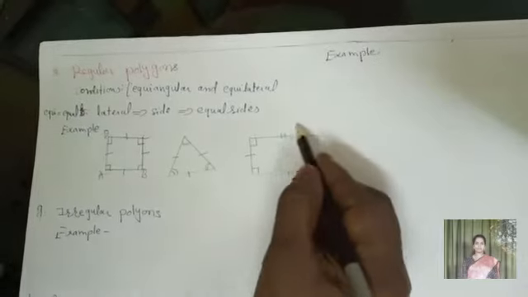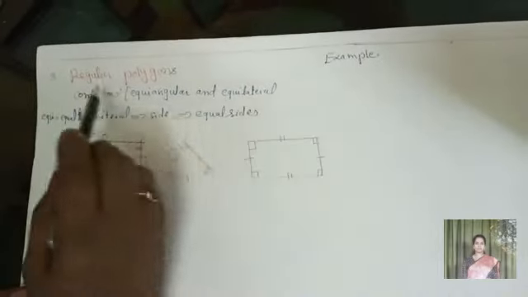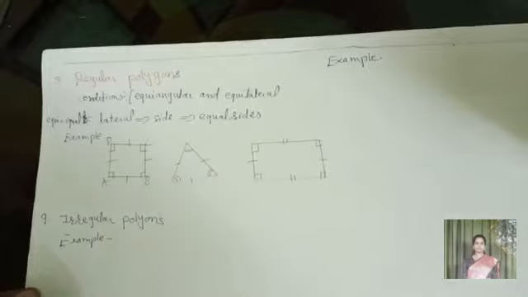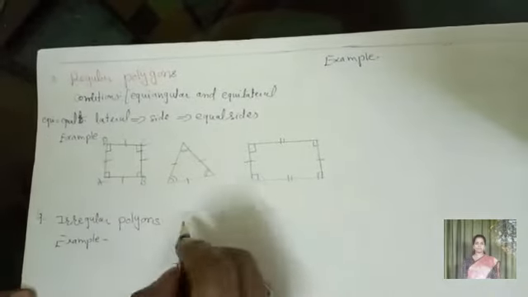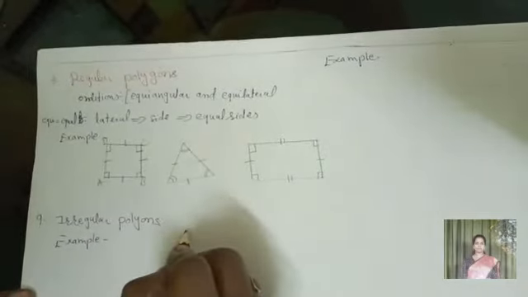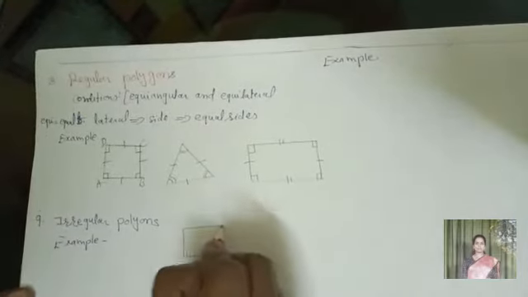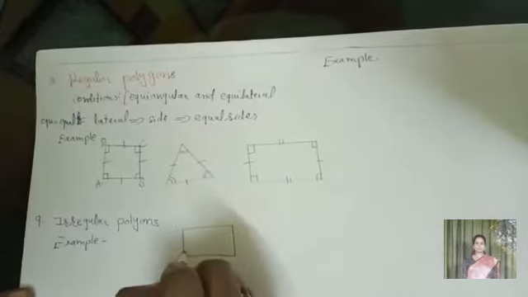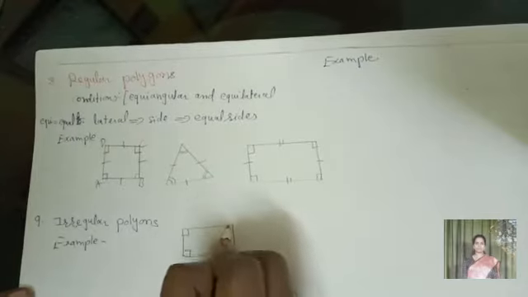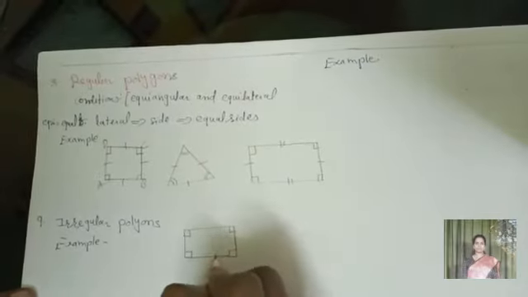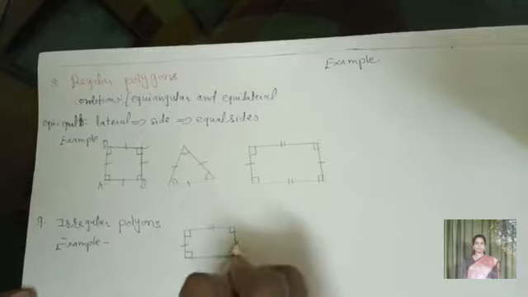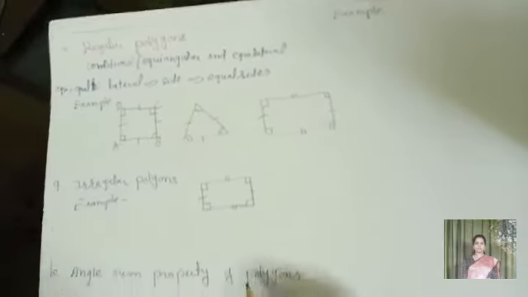So we cannot call a rectangle a regular polygon. So a rectangle is an irregular polygon. Rectangle is an irregular polygon, though angles are equal and sides are unequal. Only opposite sides are equal.